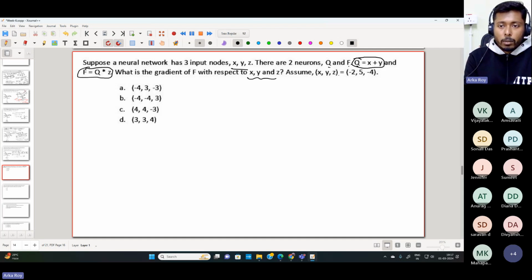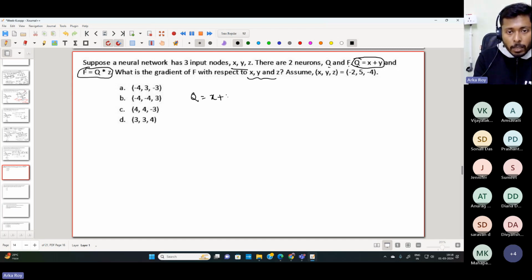Assume X, Y, Z equal to these values. So we can write Q equals X plus Y and F equals Q into Z. What we have to do is take the derivative of F with respect to X, Y, Z respectively: del F by del X, del F by del Y, del F by del Z.